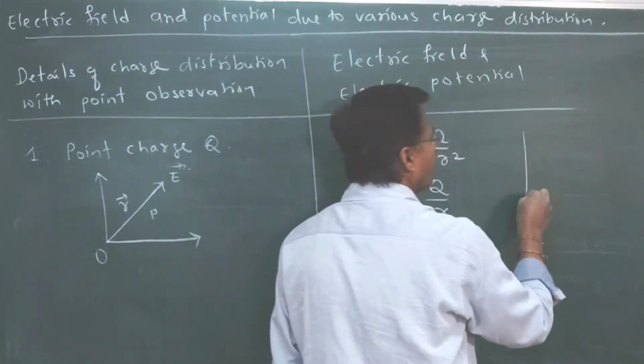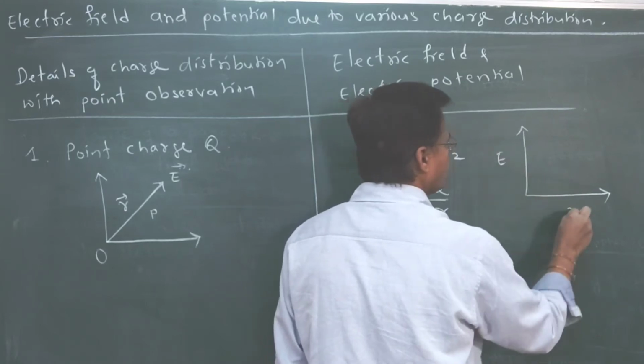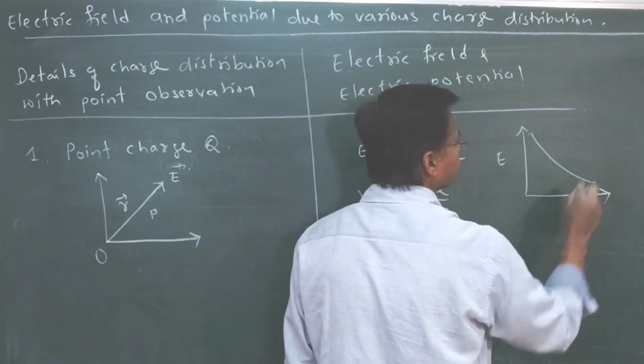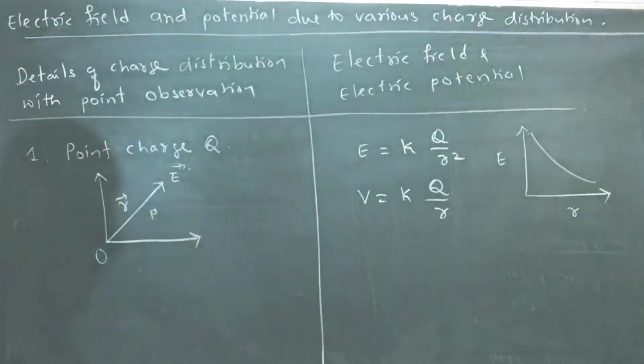If you take the graph like this way, this is electric field versus distance. So we get the graph like this, that is 1 by R square.